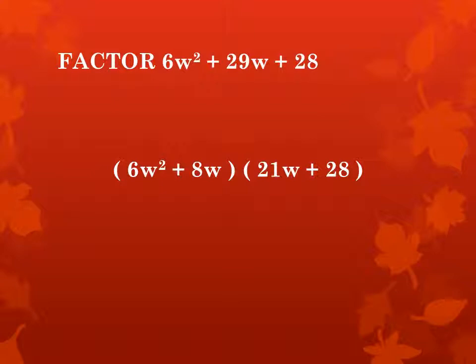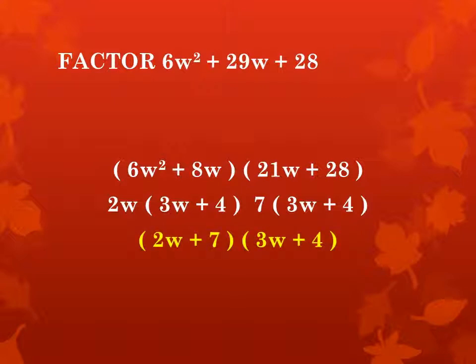We have 6w squared plus 8w plus 21w plus 28. Factor out the common factors to get 2w times 3w plus 4 and 7 times 3w plus 4. Finally, rewrite the equation as 2w plus 7 times 3w plus 4.